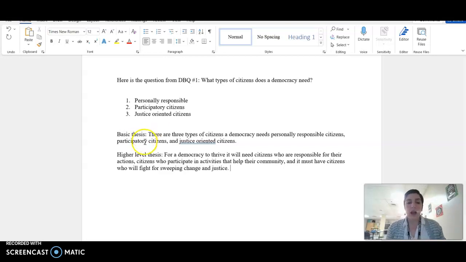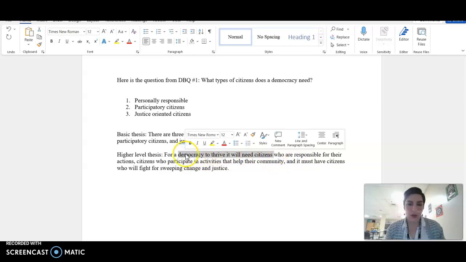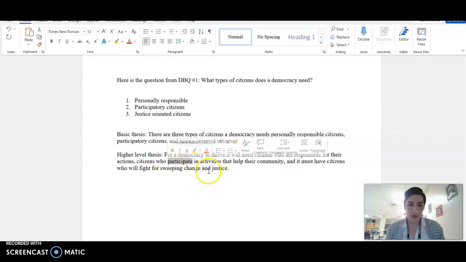Now, if you see, I still use part of the question. What did we need for a democracy to do well? What does a democracy need? That's right here. We still talked about personally responsible citizens, responsible. We still talked about participatory citizens, participate. And we still talked about justice-oriented.